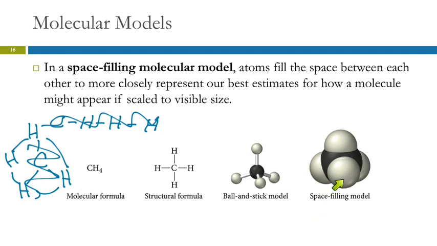So here, instead of discrete balls, we have these balls that are seeming to overlap each other. They're filling up the space. So in an actual molecule, there's not this little bond sticking between these two. They're actually, because of that bond, they're sort of merging into each other.